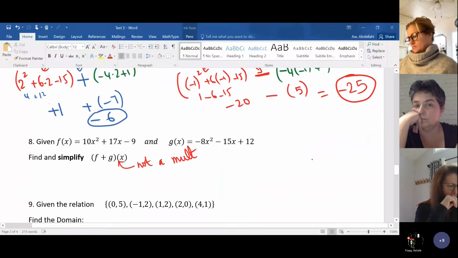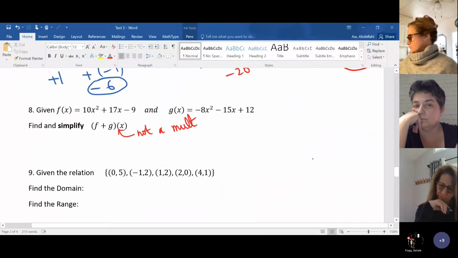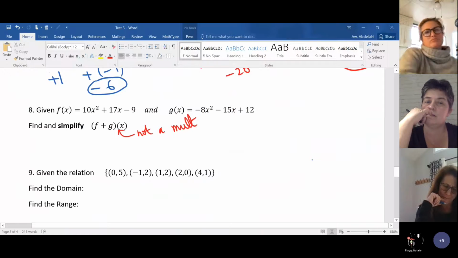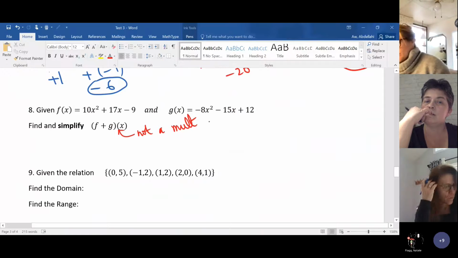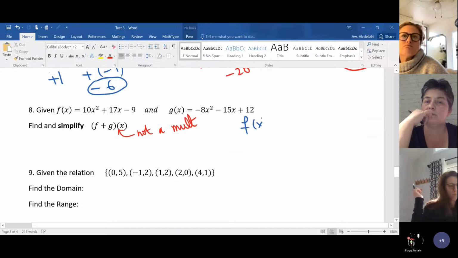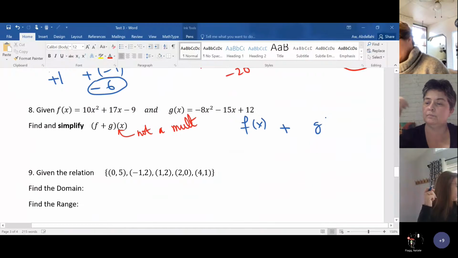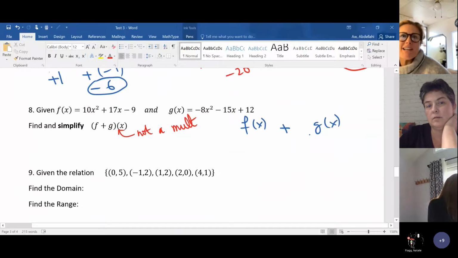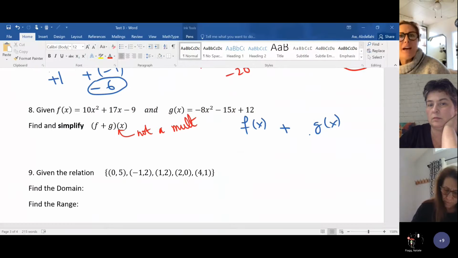We are not multiplying by x. Rather, we are simply saying this is f of x plus g of x. That's it. Everybody see that?